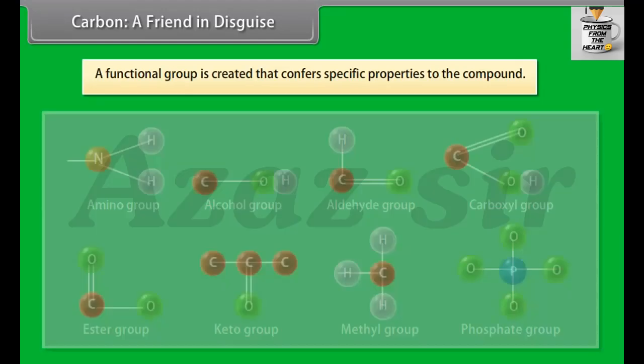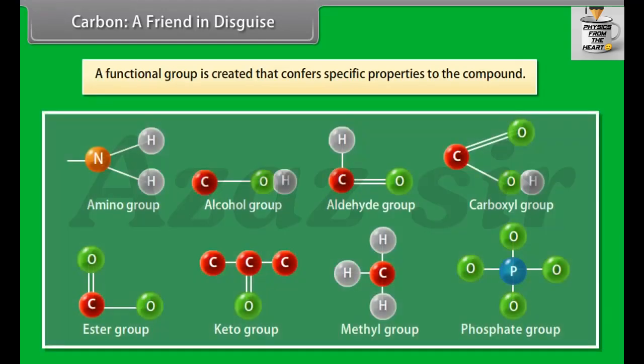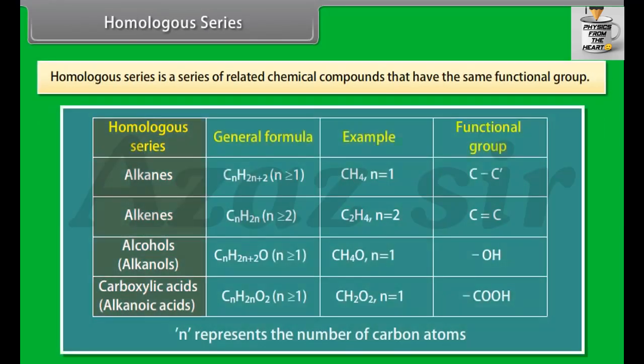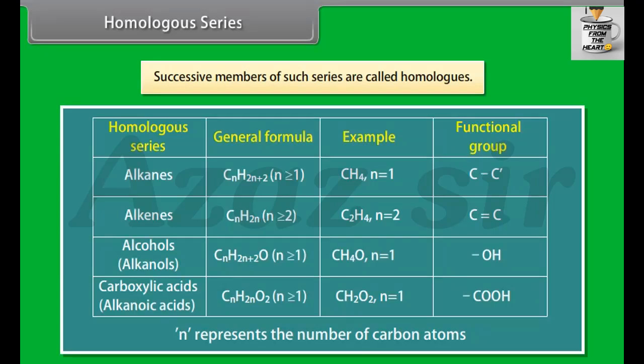A functional group is created that confers specific properties to the compound without considering the length and nature of the carbon chain. Homologous series. Homologous series is a series of related chemical compounds that have the same functional group. These differ in formula by a fixed group of atoms. The successive members of such a series are called homologous.